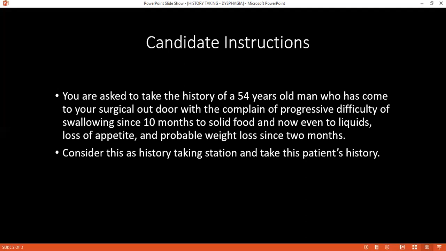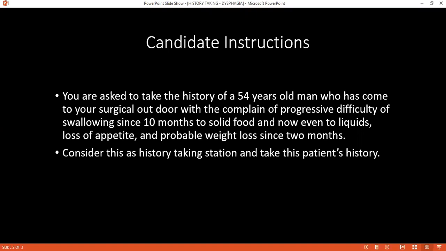I am very sorry to hear this. Now I will ask some questions to reach your diagnosis. This difficulty in your swallowing, did it start suddenly or gradually?